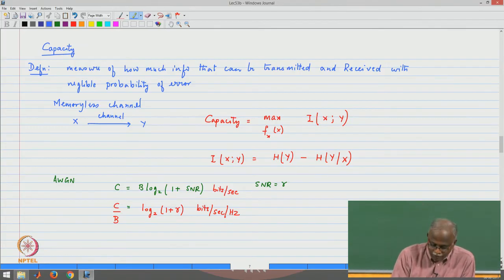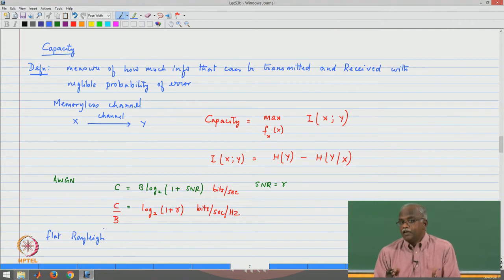Just to refresh your memory, we also said that in Rayleigh fading, supposing we had flat Rayleigh fading, then we can no longer talk about an average SNR, it now becomes an instantaneous SNR.